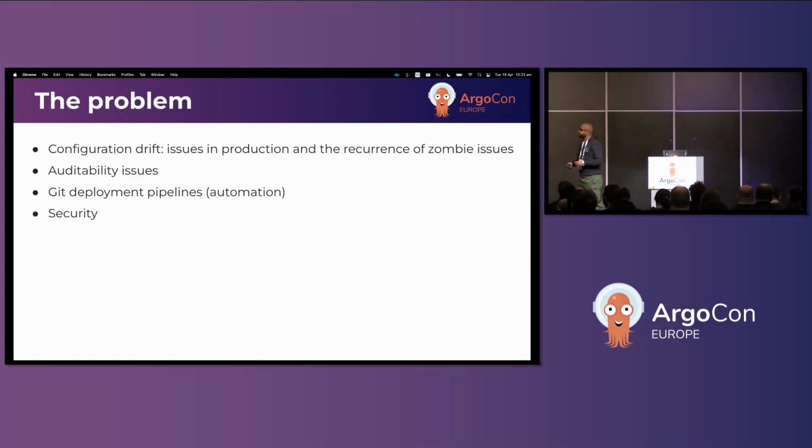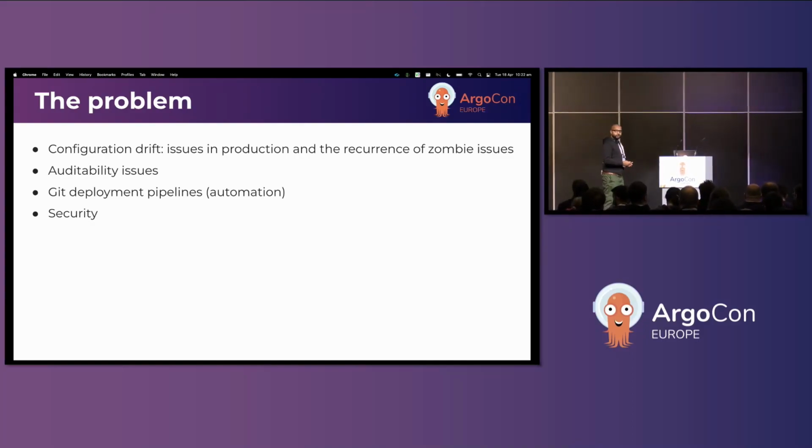Once in a blue moon, you tend to make a configuration change directly in production. Everything is resolved, everything is hunky-dory. One week later, another deployment, or one day later, another deployment, and the issue recurs. So that's the zombie issues for us, and GitOps is the best way to resolve it.